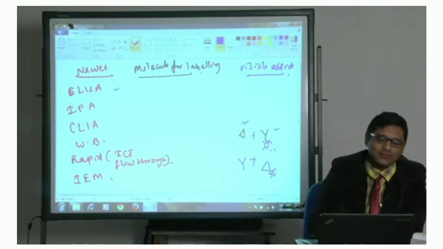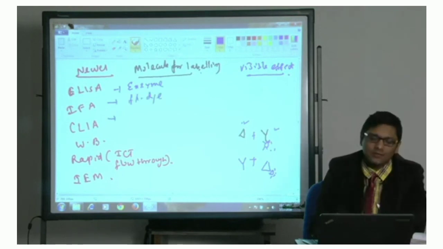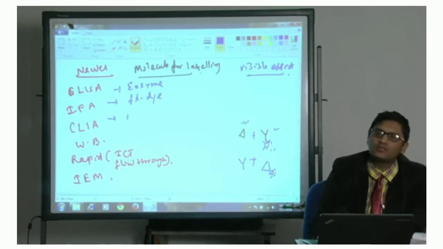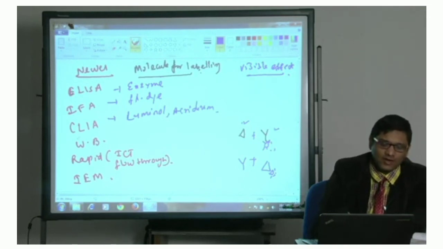For example, in ELISA, an enzyme is used to label. In immunofluorescence assay, a fluorescent dye is used. In chemiluminescent immunoassay, various chemiluminescent compounds are used, like luminol and acridinium. All these are chemiluminescent compounds. One thing I have left out is radioimmunoassay, RIA.